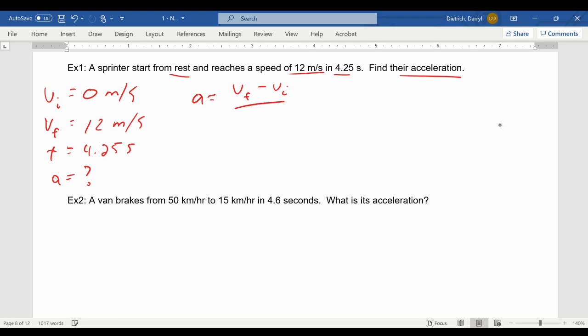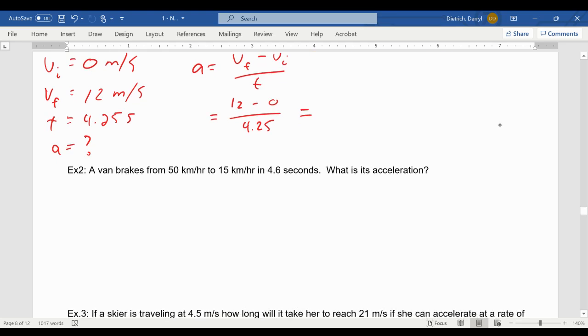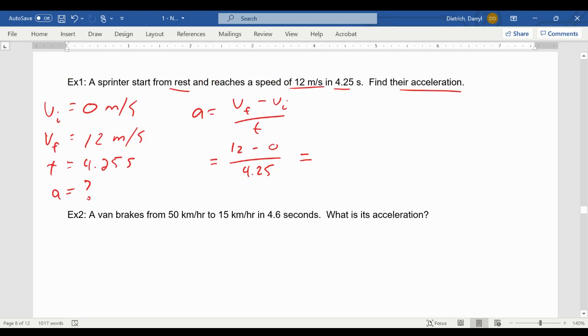Okay, next I'm going to write out our formula for acceleration. Final velocity minus initial, divided by a time of 4.25 seconds. Okay, and we'll find that velocity in this case changes by 2.8235 meters per second every second.